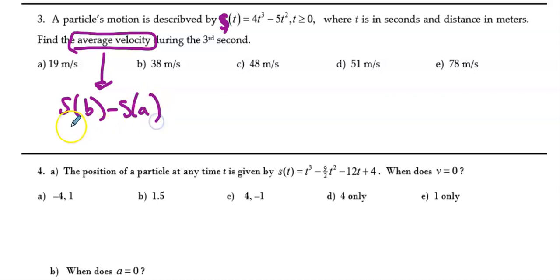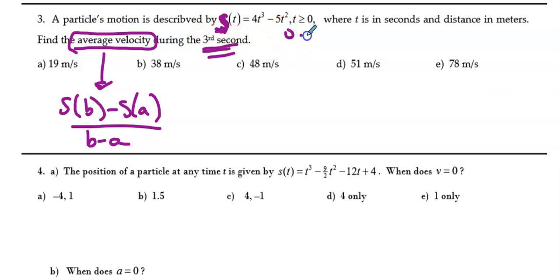just the slope of the position function. So we do not need to find a derivative here, and that's a common mistake. Students see velocity and think we have to find the derivative. We do not. But what is the A and the B? That's the other really confusing part of this question. It says during the third second.